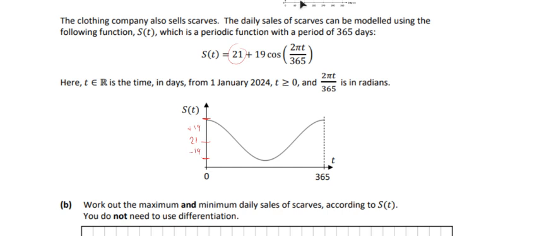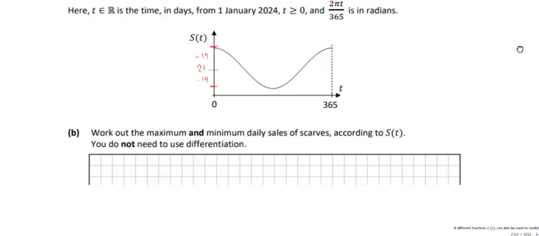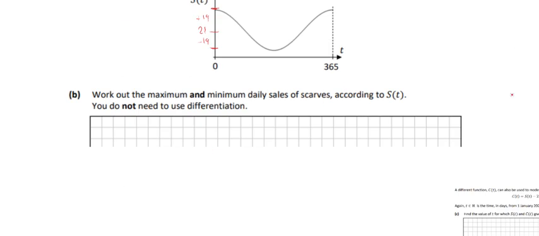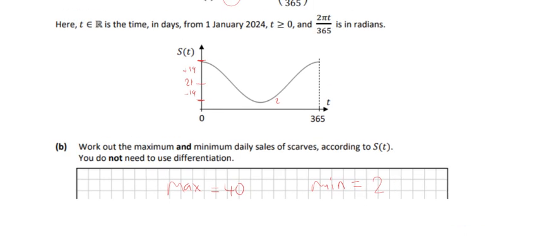So 21 plus 19 is 40, so our max is 40. Then our min has to be 21 minus 19, and that's just going to be 2. So it's going to be 2 down here, and our max up here is 40.